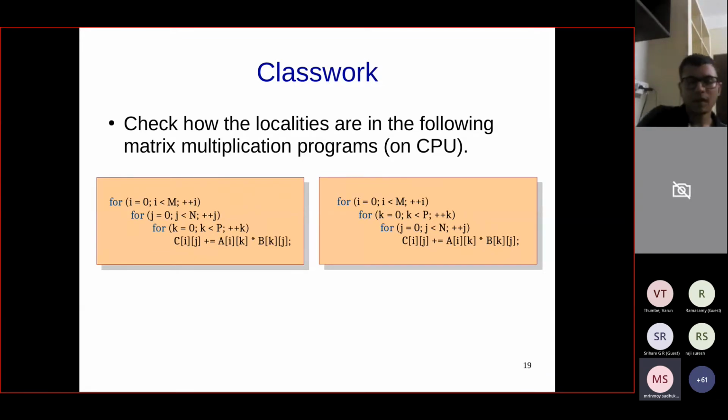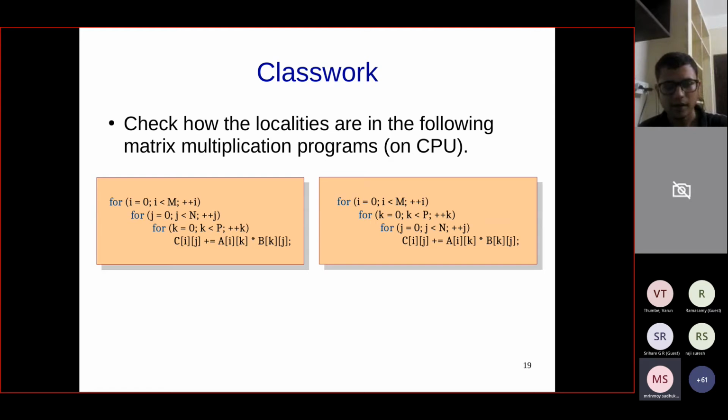Well, if you're telling that C uses temporal, actually it is using both temporal as well as spatial. If you see, J is changing faster than I, so in some sense it is going along the rows. So it is using both localities, spatial as well as temporal. So I don't think that is a very correct way to compare.